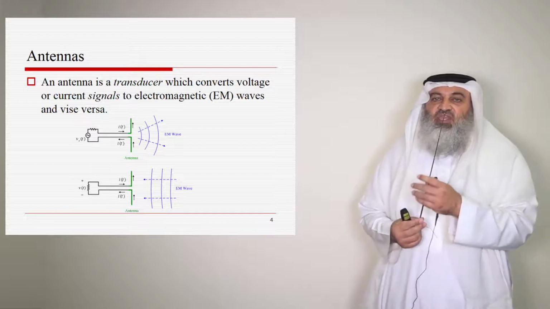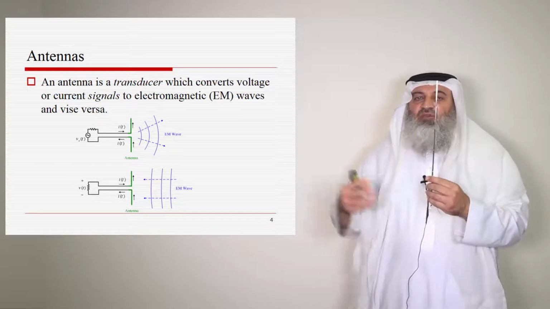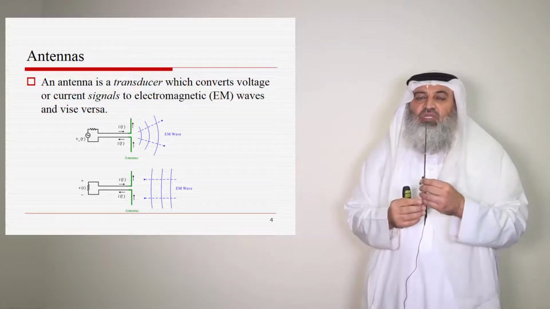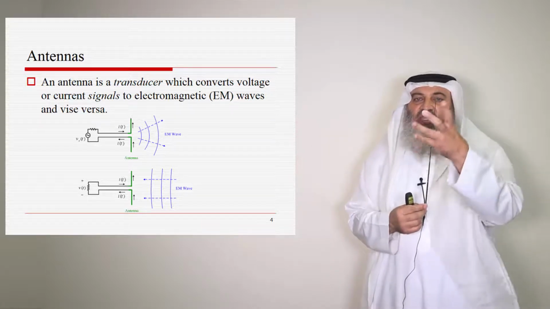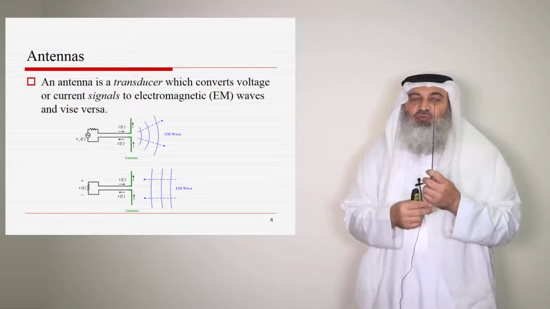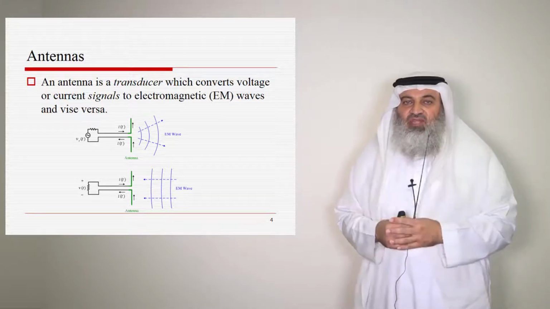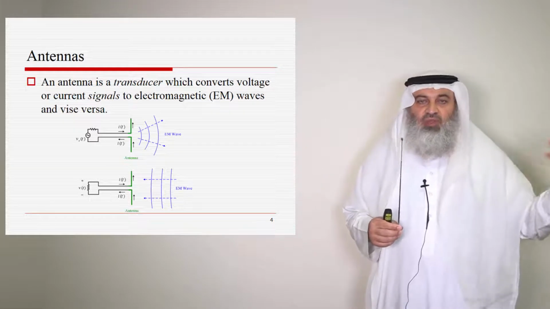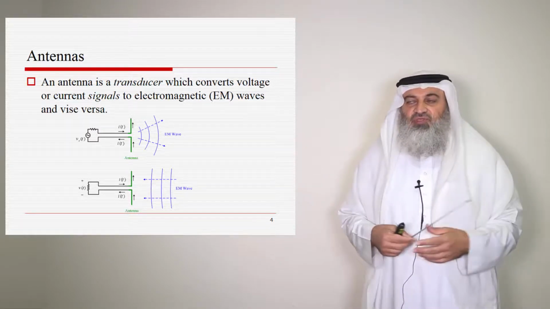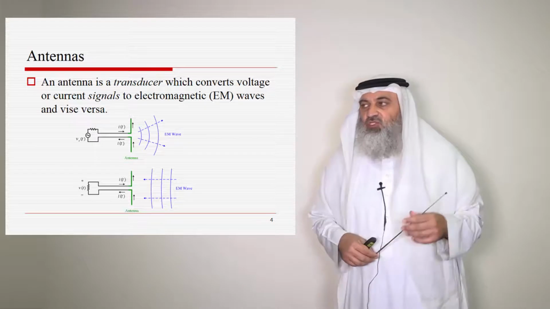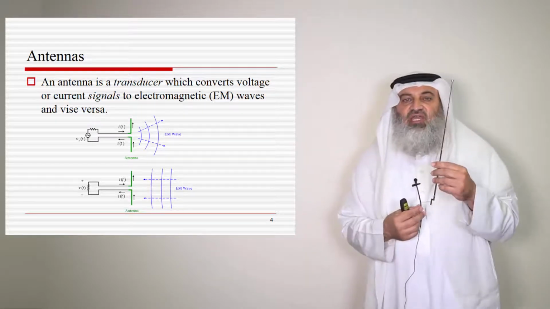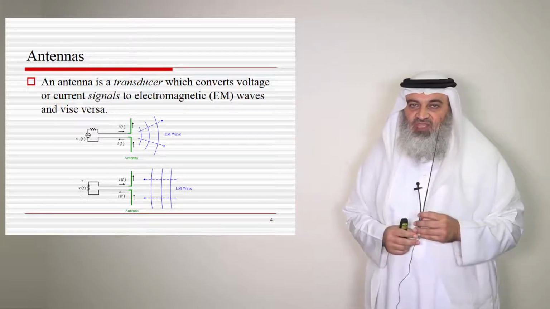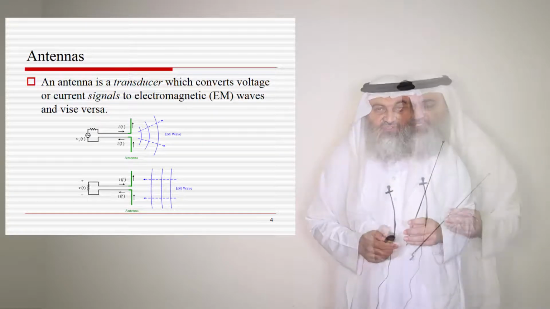Now, if it's a receiving antenna, the incoming electromagnetic waves hit the antenna and generate current in that wire, which we take to the load, which could be our speaker or monitor or whatever. So the antenna is the device that we use for generating and receiving EM waves.